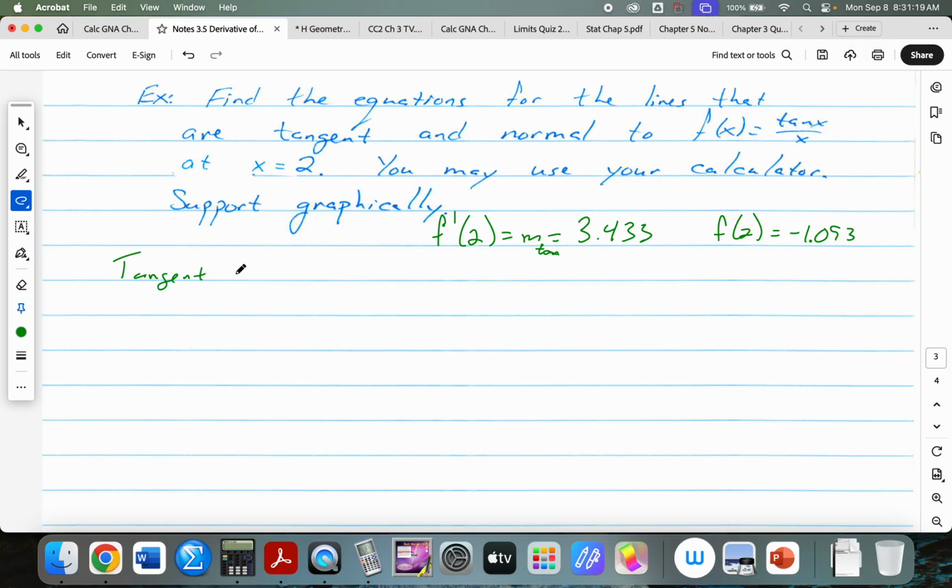So the tangent line will be y is equal to negative 1.093 plus 3.433 times x minus 2.